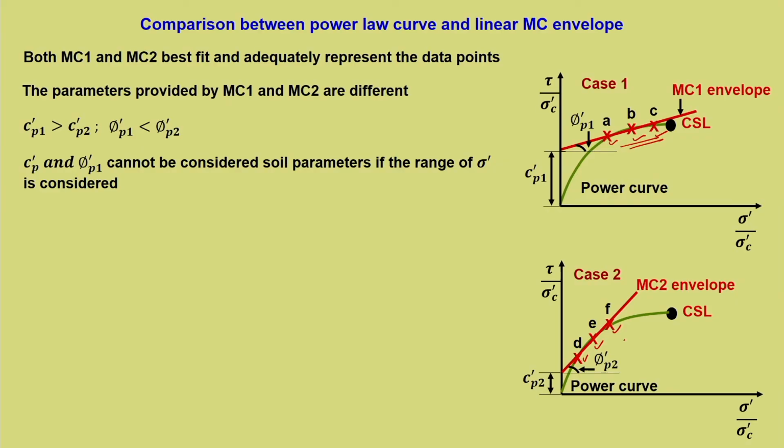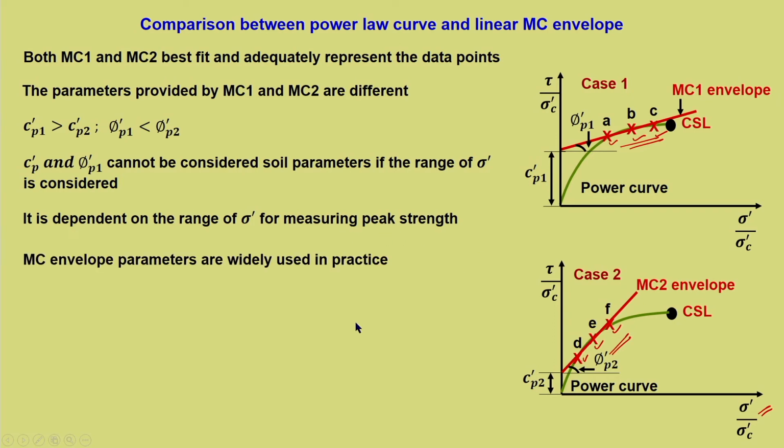But if we are considering the range of sigma dash, as you can see here, this is one particular range and this is another. If the range of determination of sigma dash comes into the picture, then both C dash and phi dash peak change. So, it is dependent on the range of sigma dash for measuring peak strength.